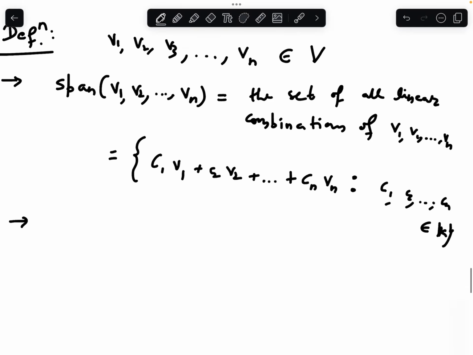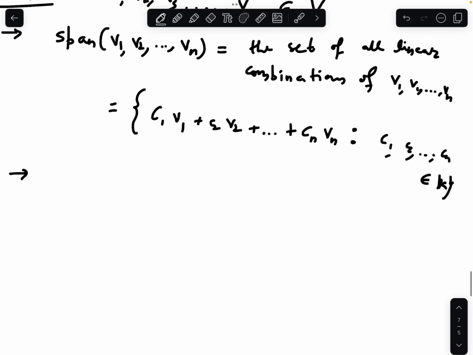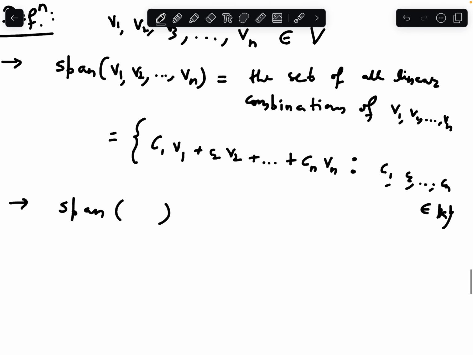And second thing is, this is part of definition, span of empty set. What do I mean by that? Well, here you can see that we have span of n number of vectors. There are n vectors. So span of n vectors.